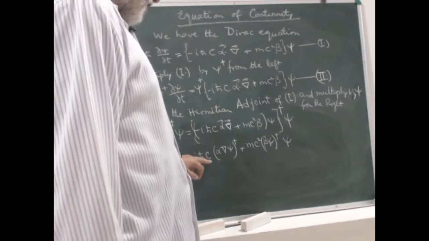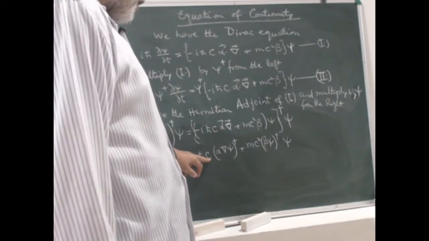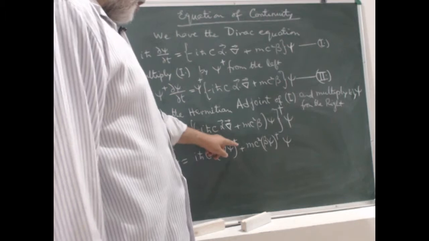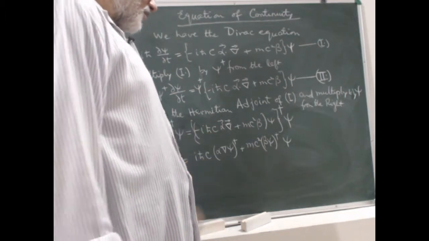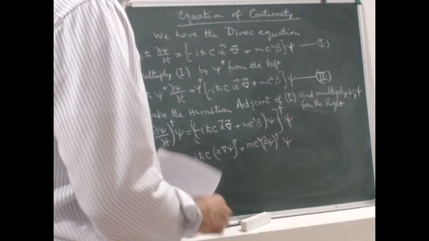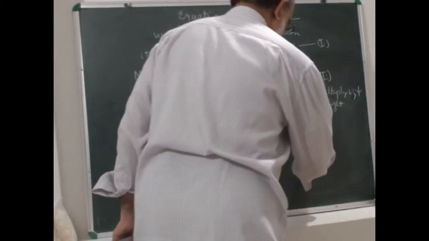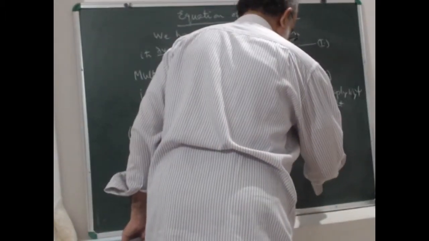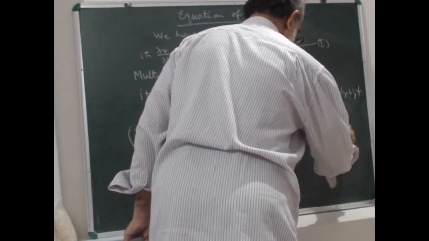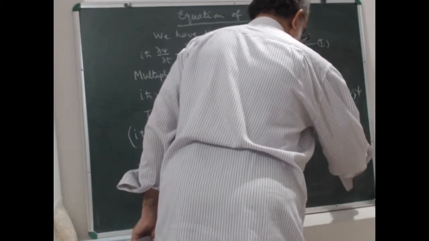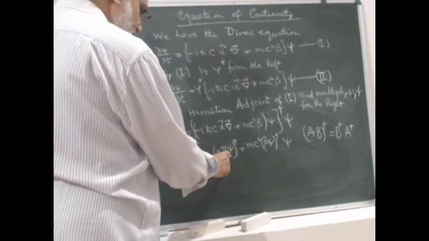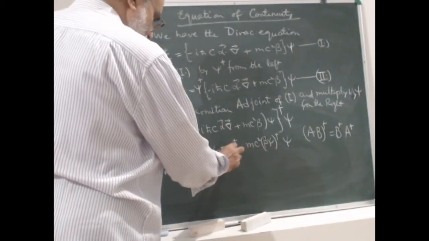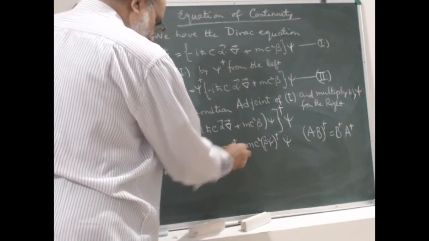Since these are constants, scalar numbers, this operation will not affect ħ, c, m or c². Now we know that the Hermitian adjoint of the product AB gives B adjoint A adjoint. So suppose this is A and this is B, so this will be B† A†.